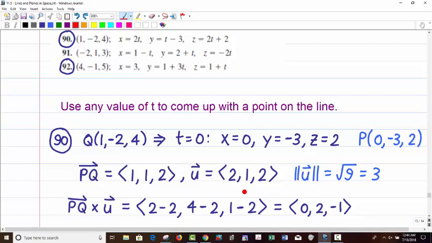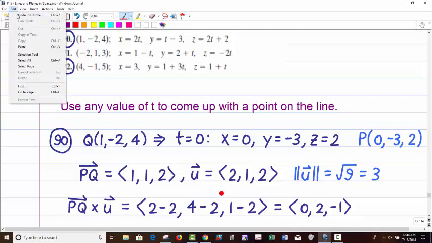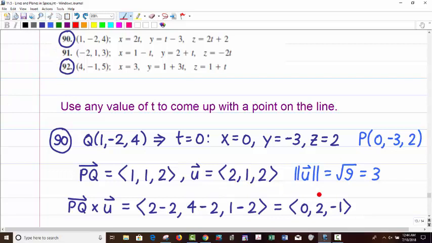This is a good example of that. It's not a reserved name. So the fact this formula had a u didn't mean it was a unit vector. So we have 2, 1, 2, and I need the magnitude of u, which happens to work out to be 3.